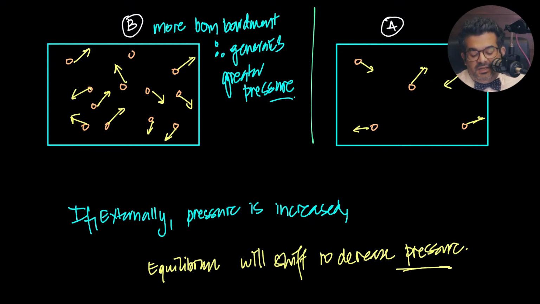But to oppose the external factor, the equilibrium has to do the opposite. If externally pressure is increased, the equilibrium will have to shift to decrease pressure. And so that's where, okay. All right, Sarah, bye bye. Okay, the rest of you following this?